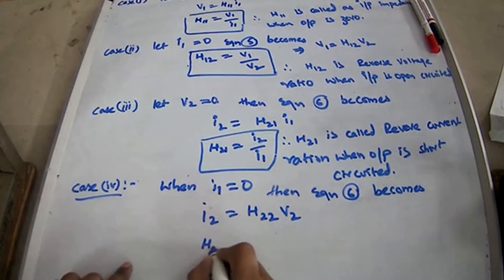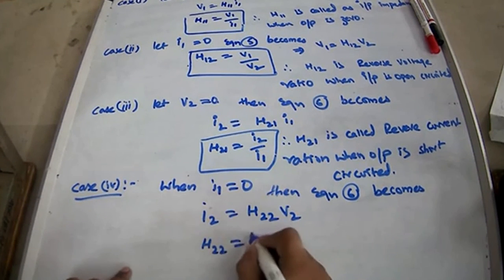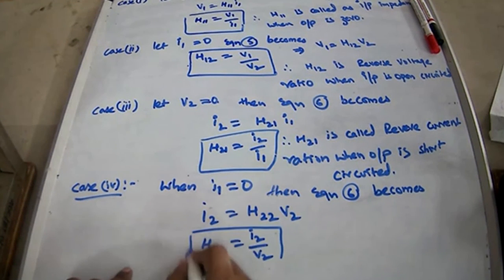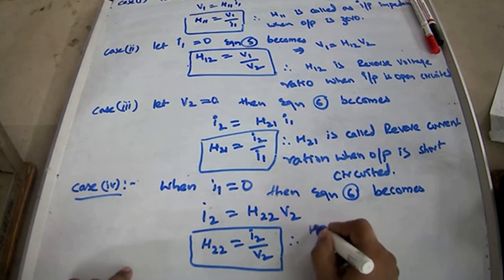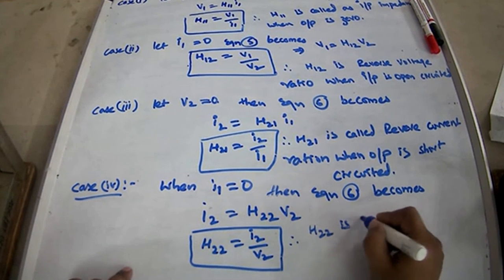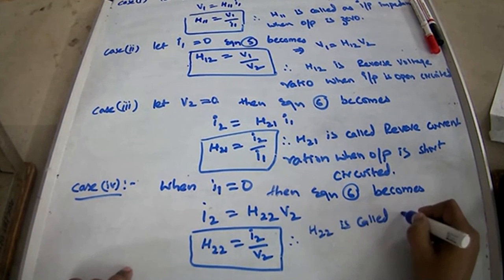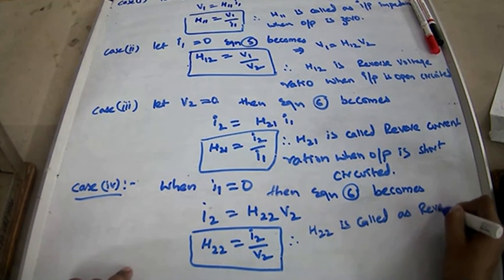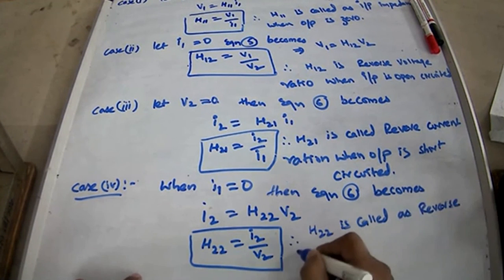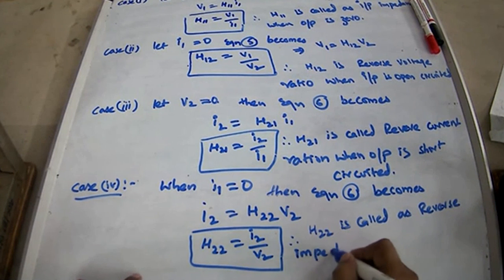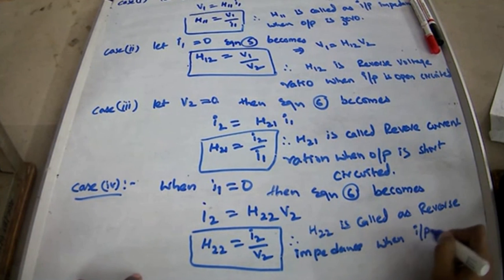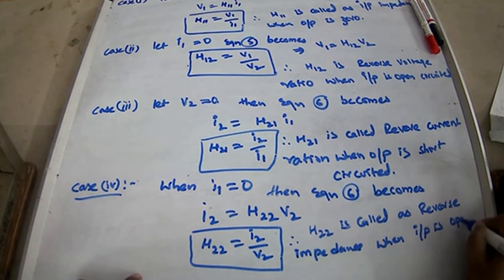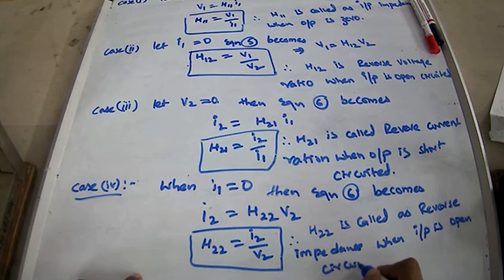Now we can write this as H22 is equal to I2 divided by V2. From here we can say that therefore H22 is called as reverse impedance when input is open circuited.